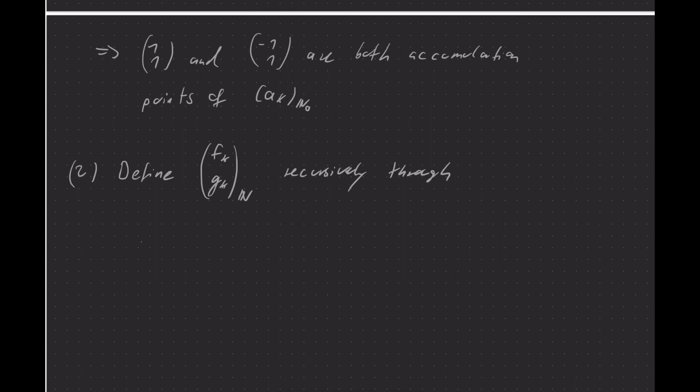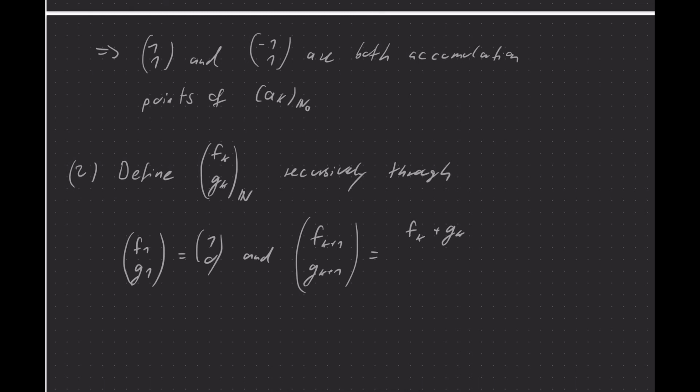Through the following recursion, we'll start at F_1, G_1 equal to 1, 0. And then we'll define F_{k+1} and G_{k+1} through the first will be the sum of F_k and G_k, and the second will just be F_k.